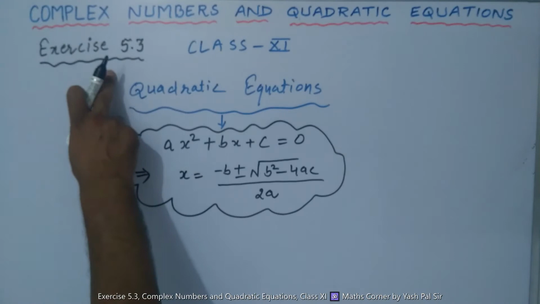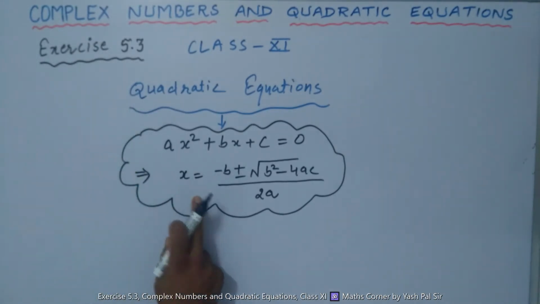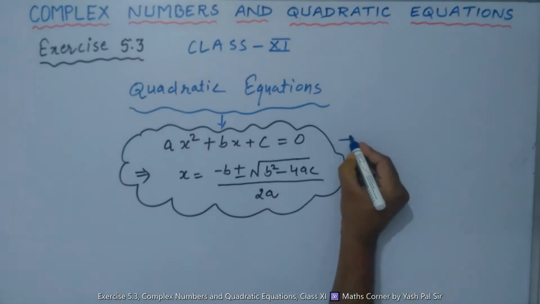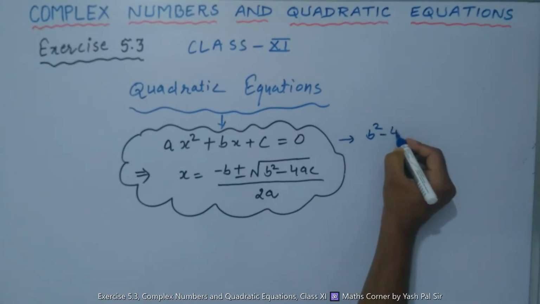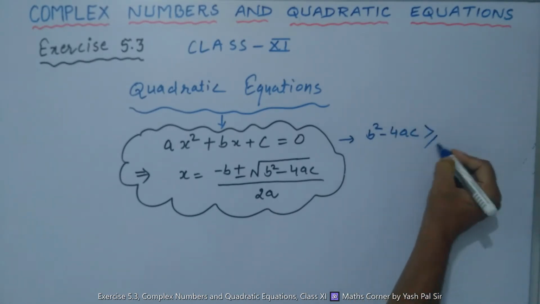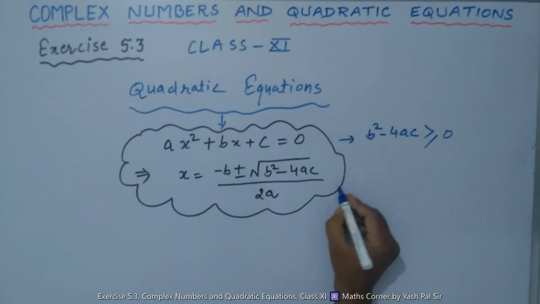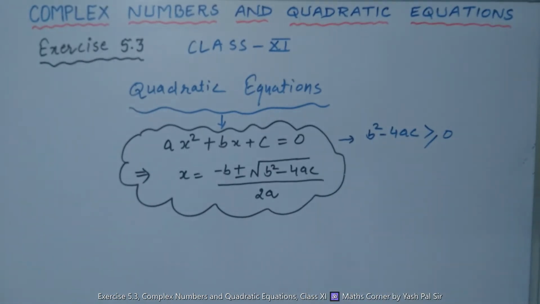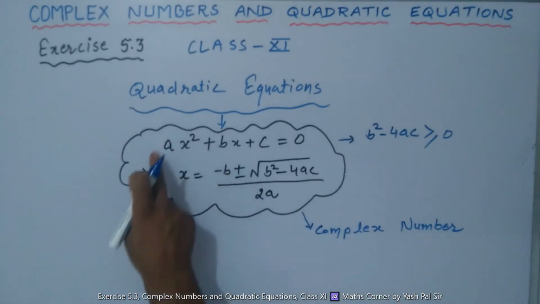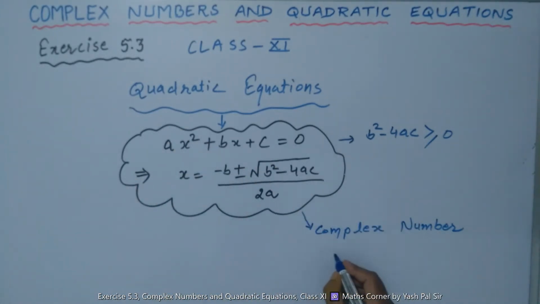In this exercise also we are going to follow the same rule, but there is one change. In class 10, the discriminant b square minus 4ac was greater than or equal to 0, but here in complex numbers, while solving the quadratic equations, we shall have b square minus 4ac less than 0.